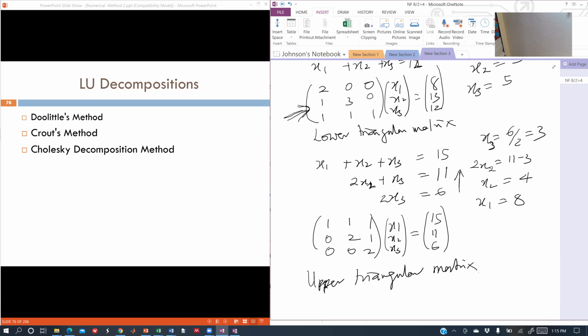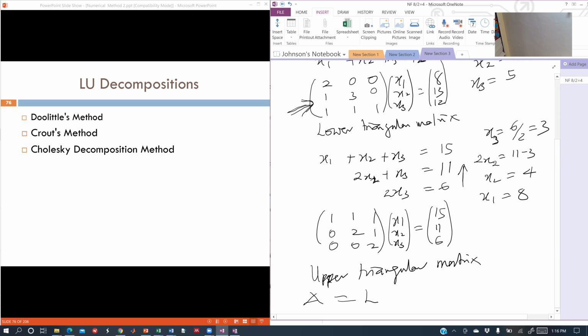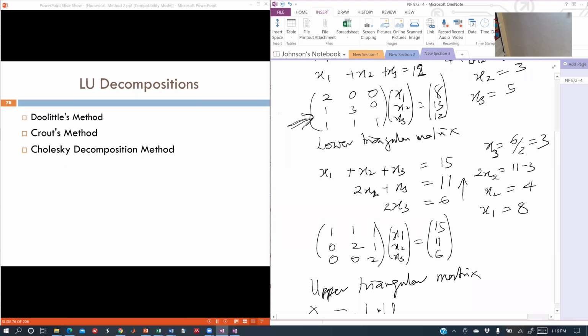So mathematicians realized that instead of solving a square matrix that is neither lower nor upper triangular, if we can find a way of converting any square matrix A into two parts, such that one is a lower triangular matrix, just like the first one we discussed, and the other is an upper triangular matrix, and the product of the two gives us A, then we are likely to solve a system that looks like this, as well as a system that looks like this, which are both easy to solve.